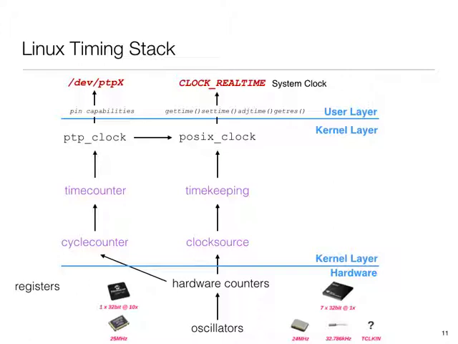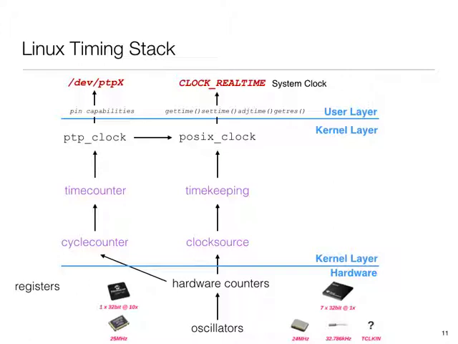Maybe they would be sharing the same counter, or maybe they have a separate counter in the hardware, or maybe a separate oscillator. But they may share the same oscillator or hardware counter as well, depending upon what platform you're using and what kind of specification it has. Anyway, the precise hardware clock in the kernel layer uses two software abstractions, the cycle counter and the time counter.